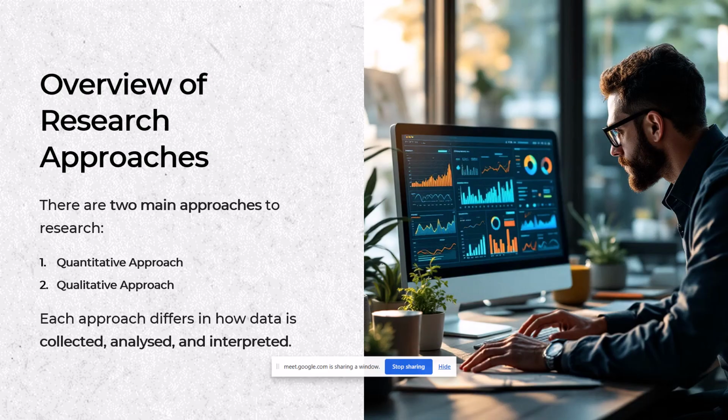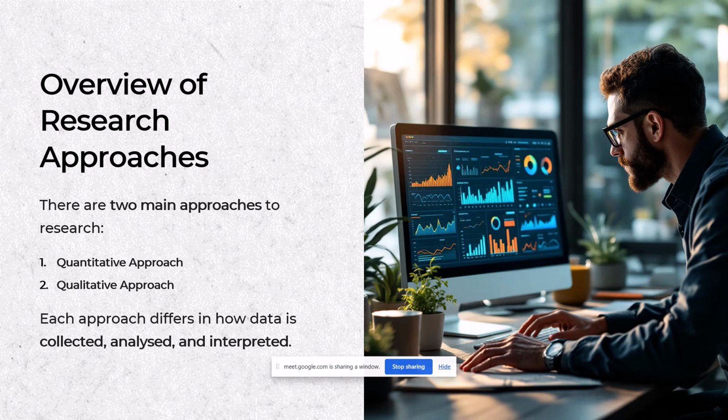Okay, now we'll be looking at the approaches of research. We have two main approaches to research.